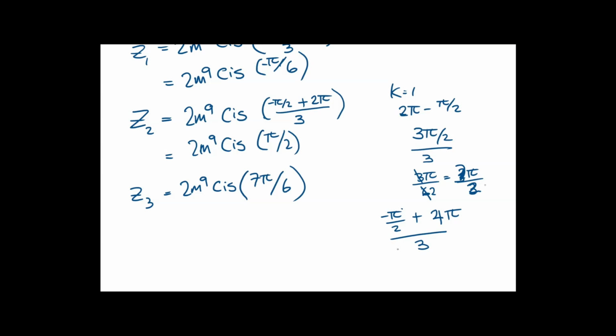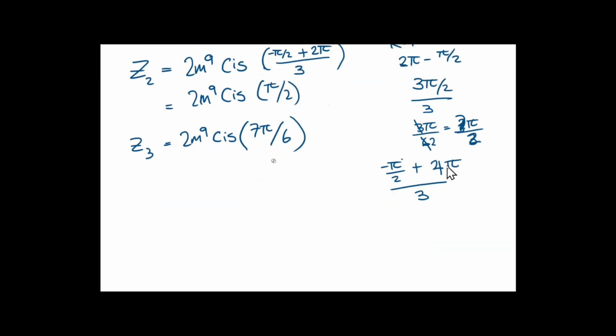Yes, it does. So the way I worked it out is, we've got 7 pi over 2 divided by 3. That's the same thing as 7 pi over 2 times 1/3, which is 7 pi over 6.